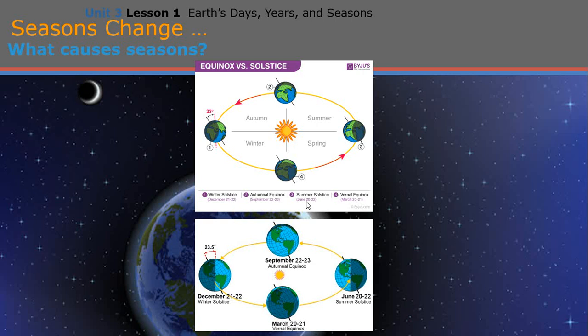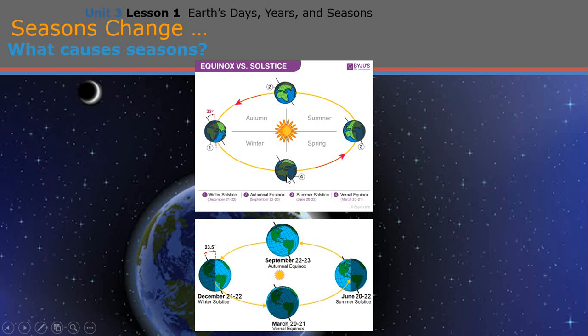And so what is a solstice? We will figure that out in a moment. What is an equinox? We will figure that out in a moment too. But we have two solstices and two equinoxes. Two equinoxes: one that marks the beginning of autumn, and that's number 2, and one that marks the beginning of spring, and that's number 4.